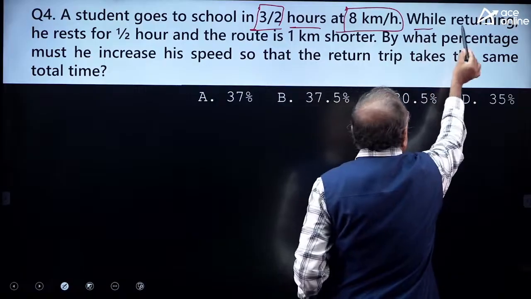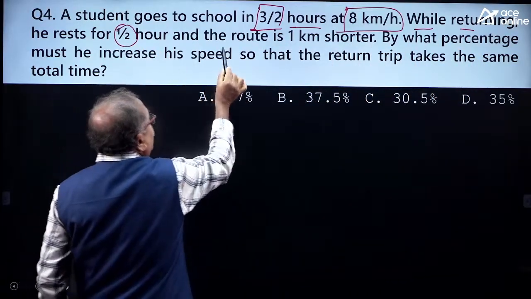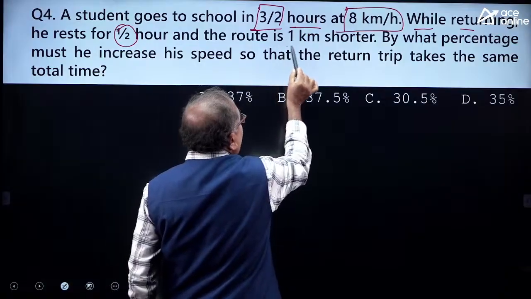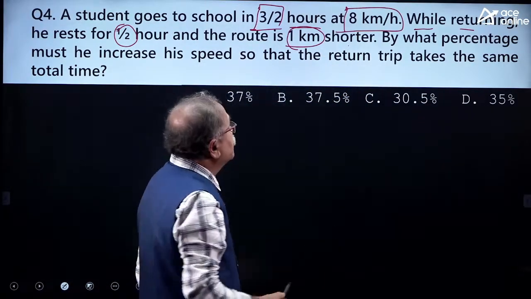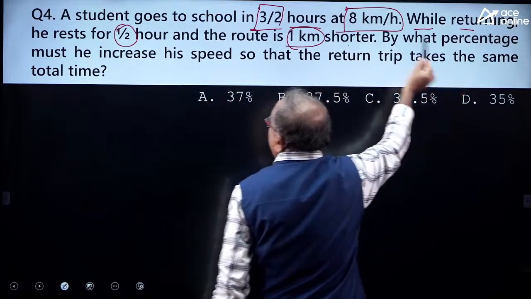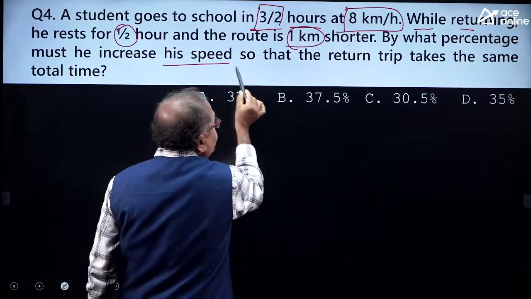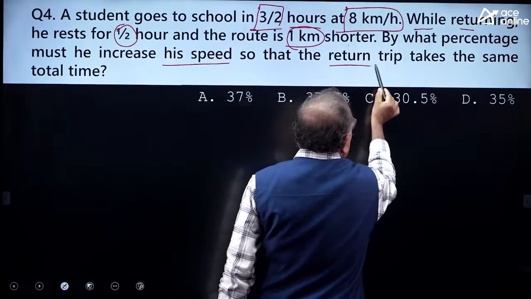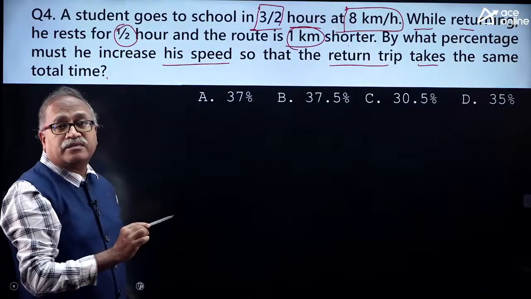While returning, he rests for half an hour and the route is 1 kilometer shorter. So by what percentage must he increase his speed so that the return trip takes the same total time?